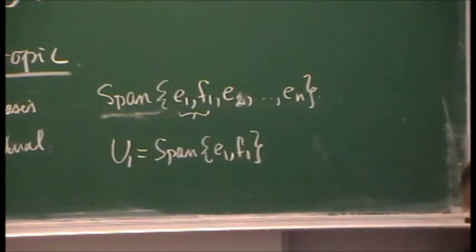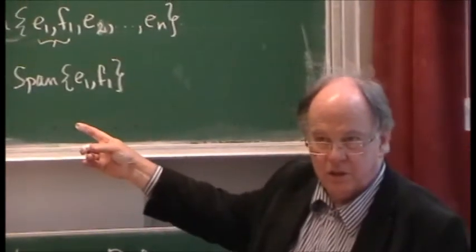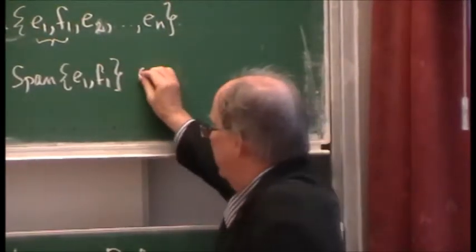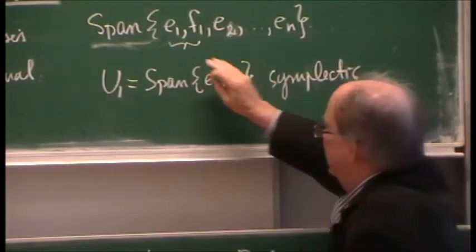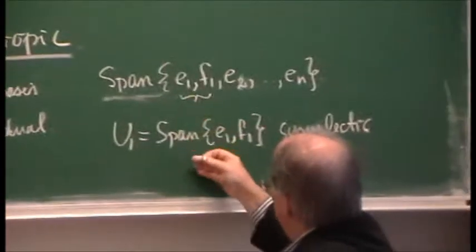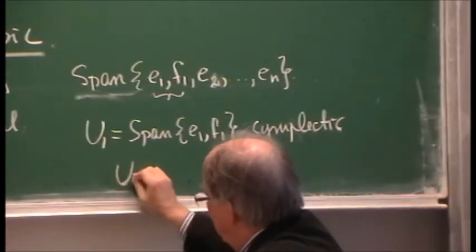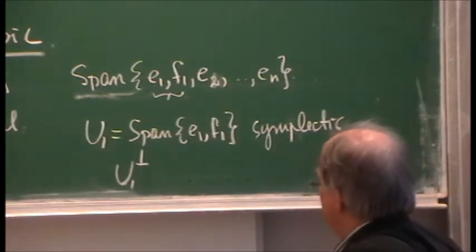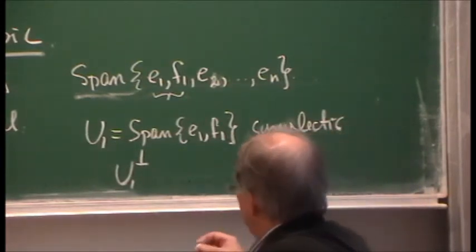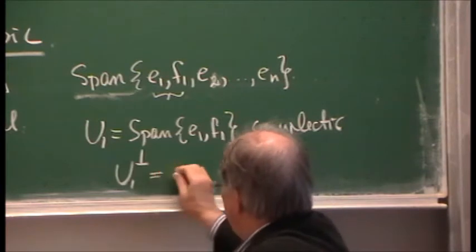Is it clear to you all that this space is a symplectic subspace? This is symplectic, because the restricted form is just the standard form here. And now the orthogonal complement of this thing, well, what's orthogonal to that is, well, everything.